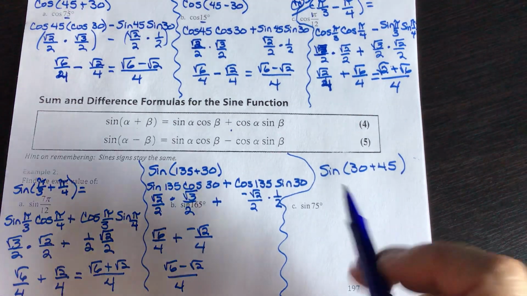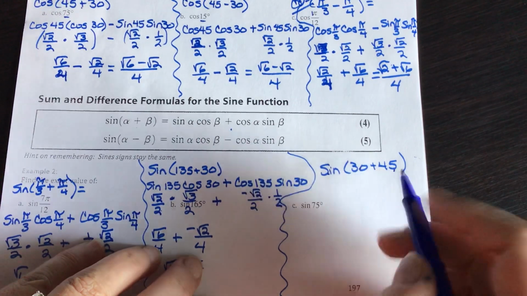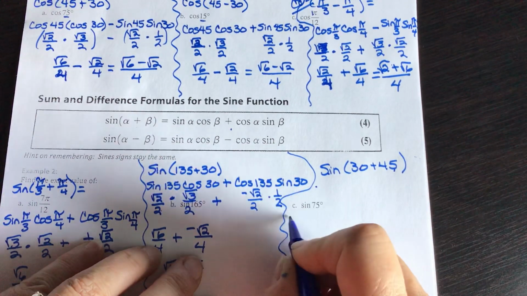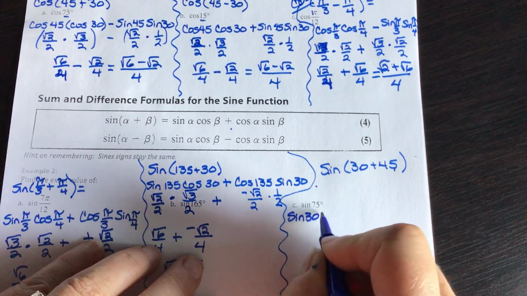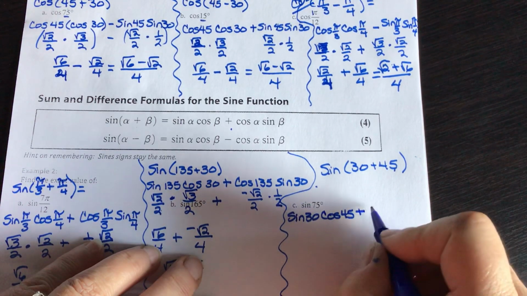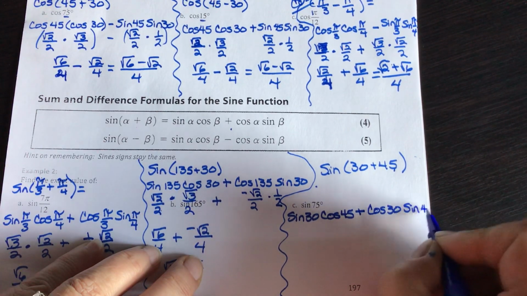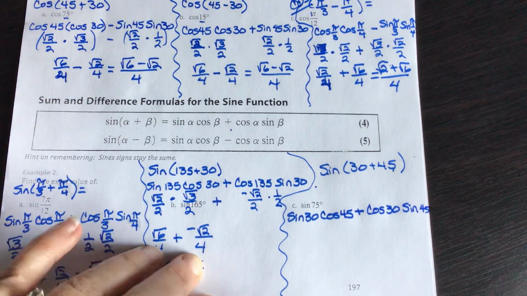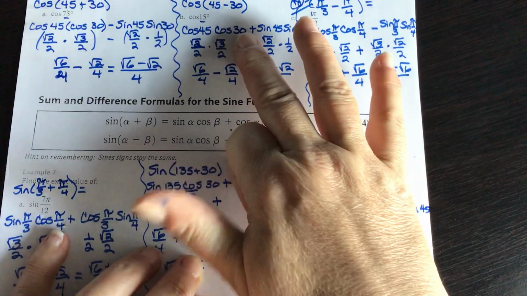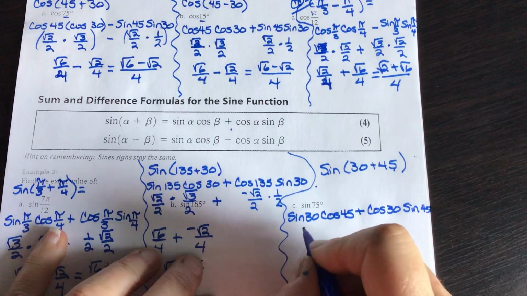All right, so the same process. Sine of 30, cosine 45. And then I'm adding cosine 30, sine 45. All right, we should be getting better at this. So sine of 30 is 1/2. Cosine of 30 is square root of 3 over 2.